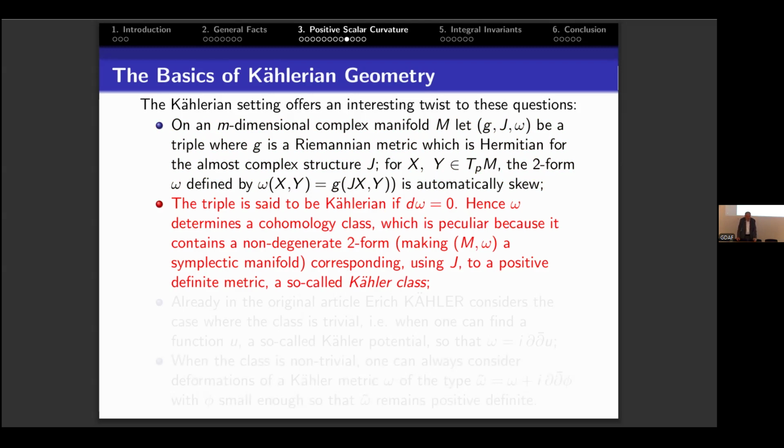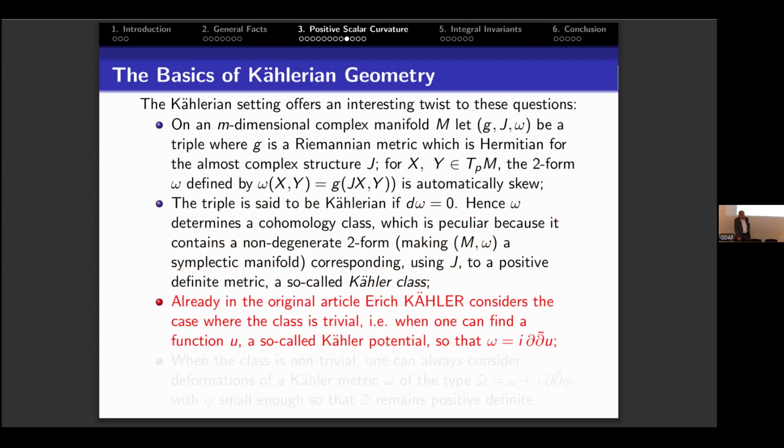If it's closed, by de Rham's theorem it determines a cohomology class. ω has the advantage, because it comes from a metric, of being a non-degenerate two-form, so (M, ω) is actually a symplectic manifold. That's why we call the class determined by ω a Kähler class.